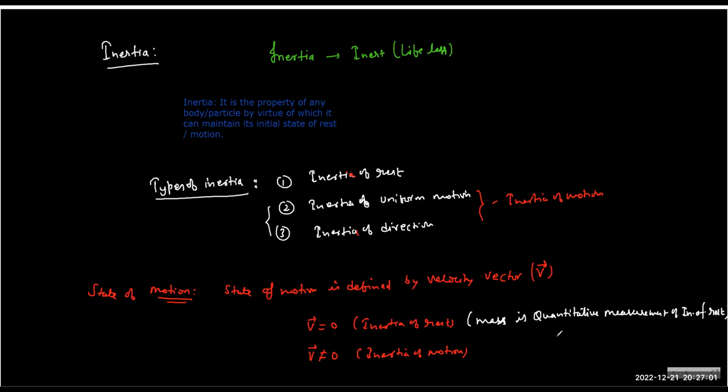So can you understand that the inertia of motion does depend on mass? Does it mean that it only depends on mass? No, sir. Something else can also decide or dictate.